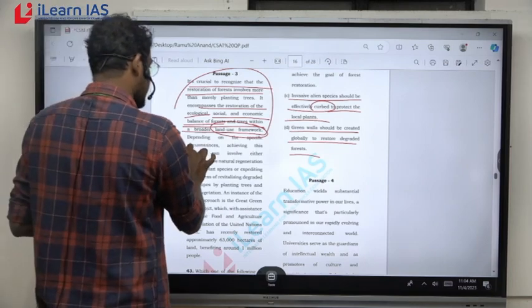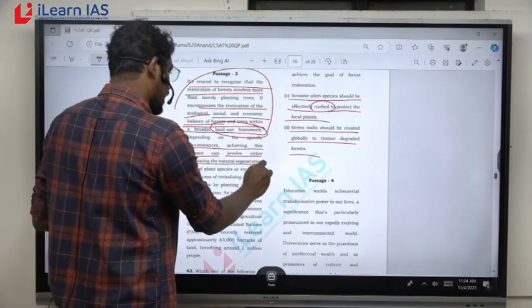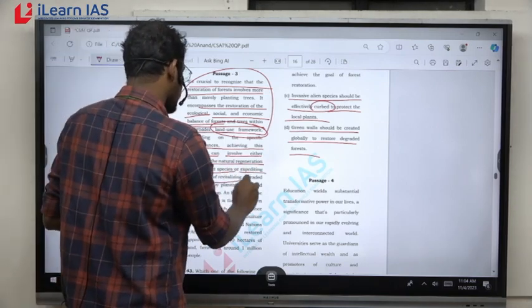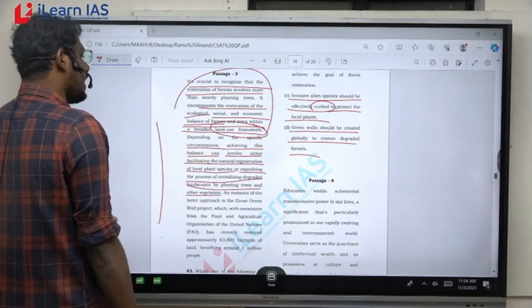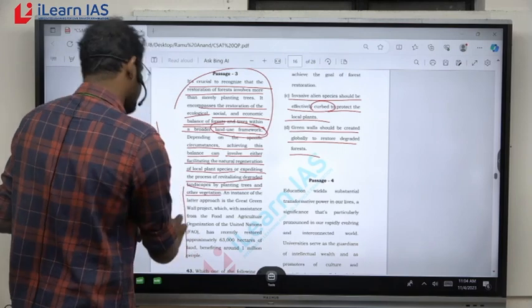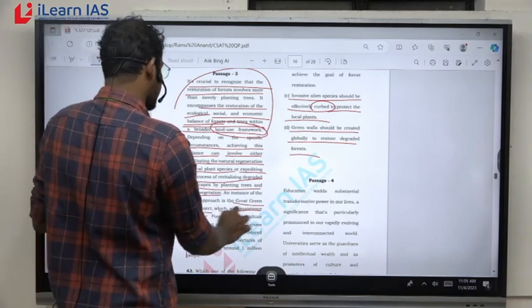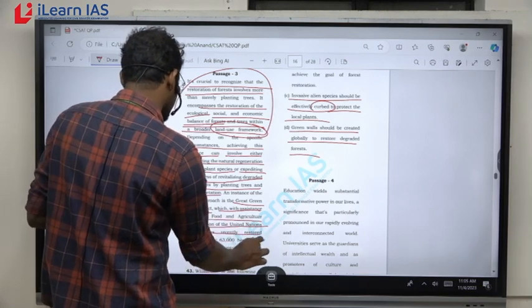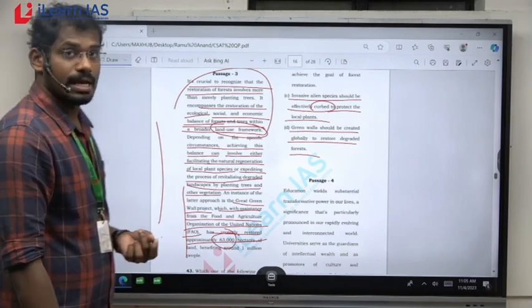Depending on the specific circumstances, achieving this balance can invoke either facilitating the natural regeneration of local plant species or expediting the process of revitalizing degraded landscape by planting trees and other vegetation. An instance of the latter approach is the Great Green Wall Project, which with assistance from the Food and Agriculture Organization of the UN has recently restored approximately 63,000 hectares of land, benefiting around 1 billion people.